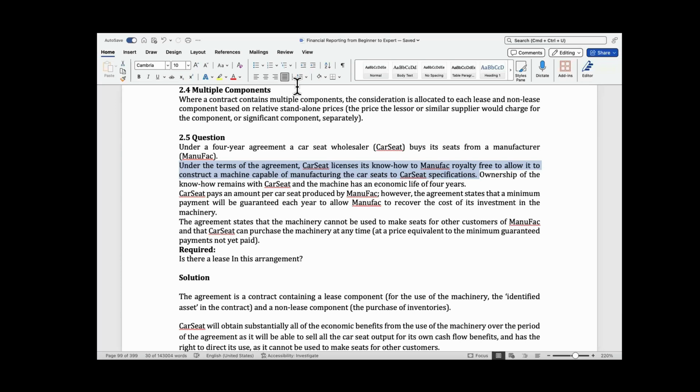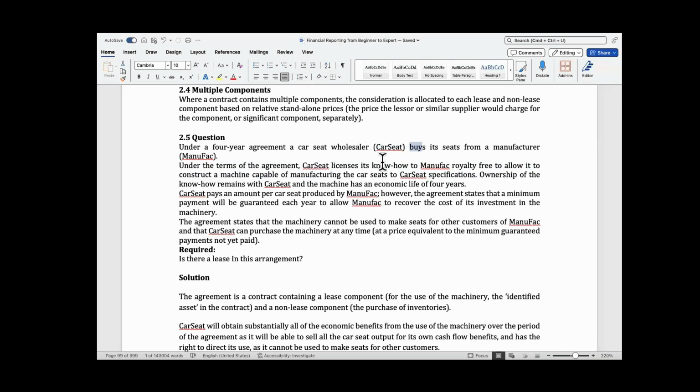Okay, good, Kyle. In addition to what you have said, apparently this wholesaler, Car Seat, doesn't like the way the manufacturer manufactures those car seats. You know that this guy normally buys seats from the manufacturer, so apparently he's not satisfied with those seats.